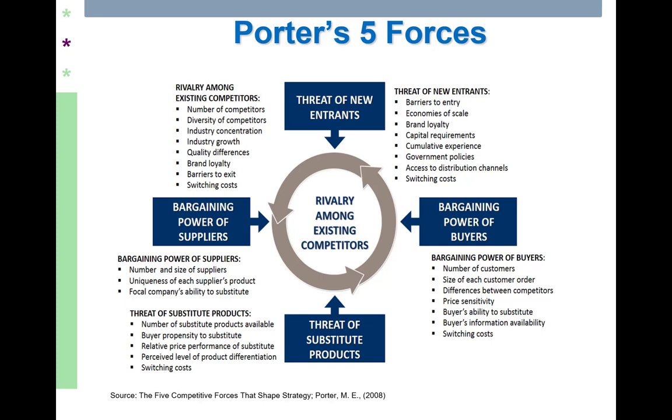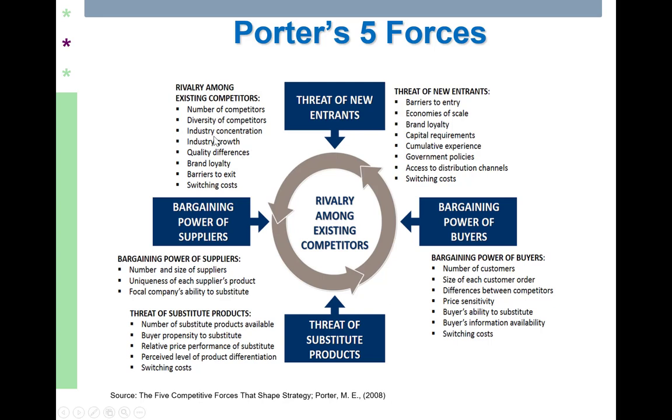If you look at old Mickey D's, McDonald's, let's check out some of these things. The rivalry, all right? Well, who are their competitors? Depends on what you consider a competitor to them. Could be Arby's, could be Wendy's, could be Sonic, could be any kind of fast casual, quick response type restaurant.